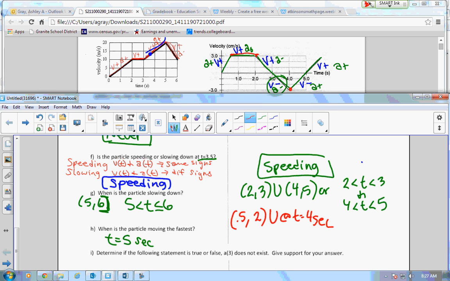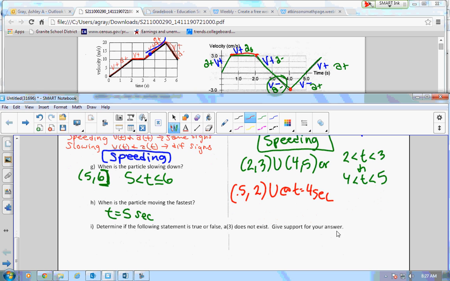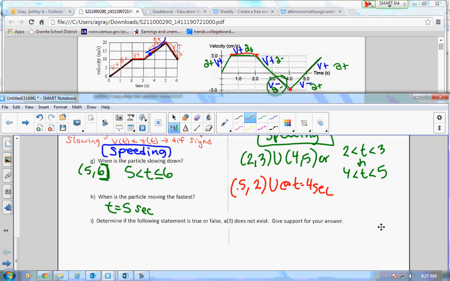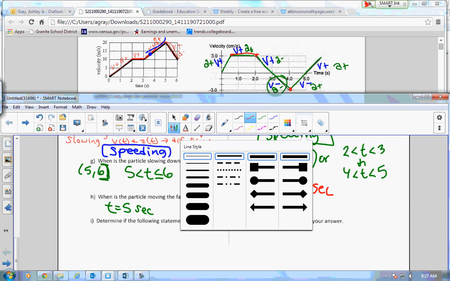And the last one, determine if the following statement is true or false. A of 3 does not exist, meaning acceleration does not exist. At 3, here, does the acceleration exist there? How do we know?